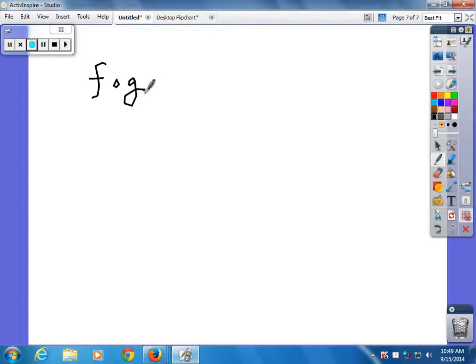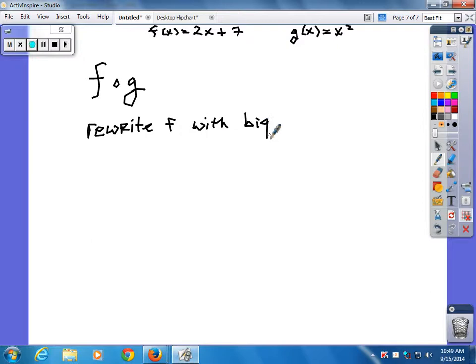So if I give you f of x is equal to 2x plus 7, and g of x is equal to x squared, and I want f o g, I want f composed of g, that means I'm going to rewrite f with big parentheses.